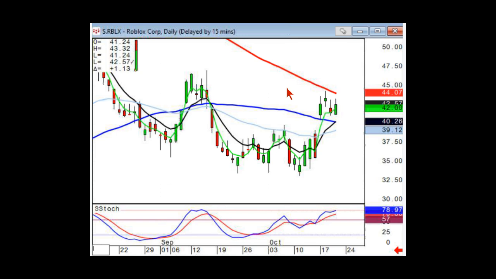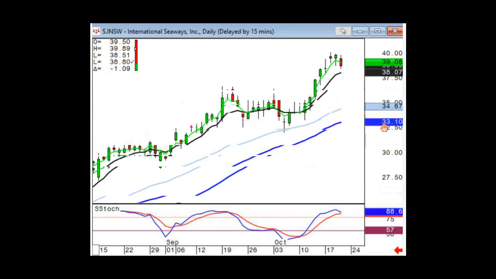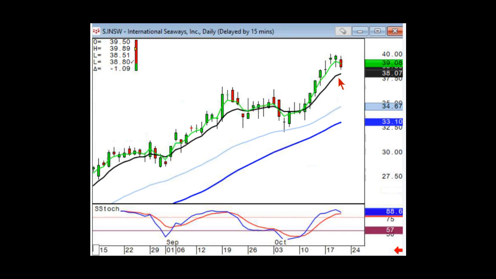And there's going to be days or price movements. You can see how this one probably would have taken some profits today because you're in the overbought area. You had a little doji gap up.